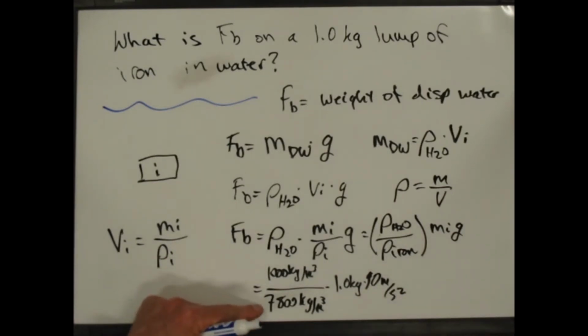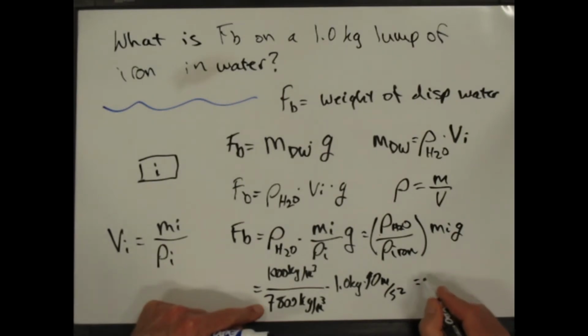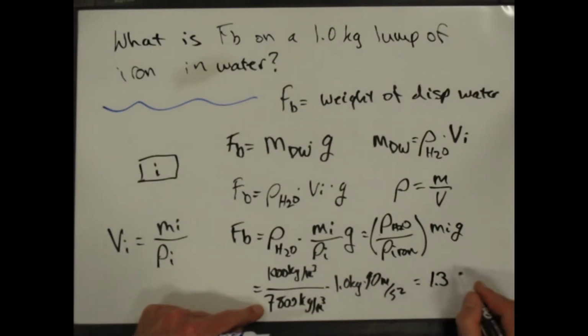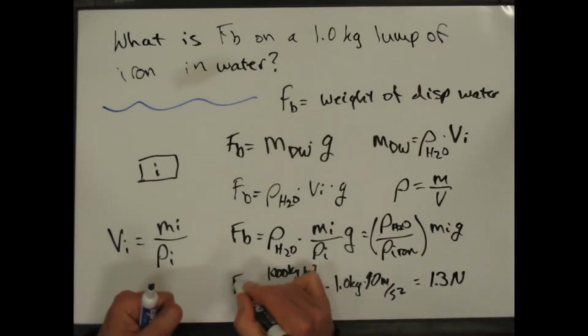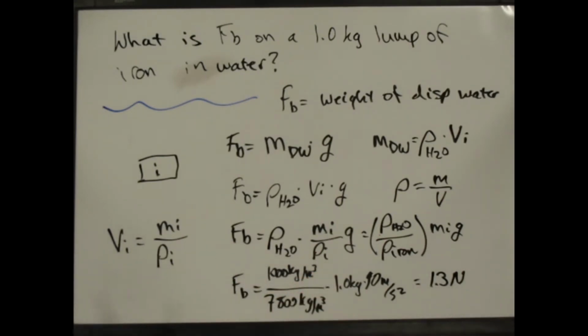So that's 1 over 7.8, which is about 0.13, times 1 times 10. It's about 1.3. These units cancel: kilogram meters per second squared, or newtons. So that's my buoyant force.